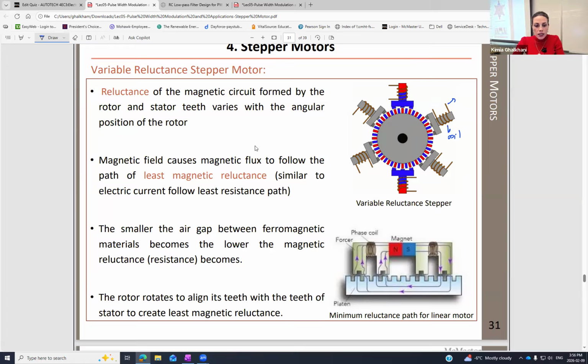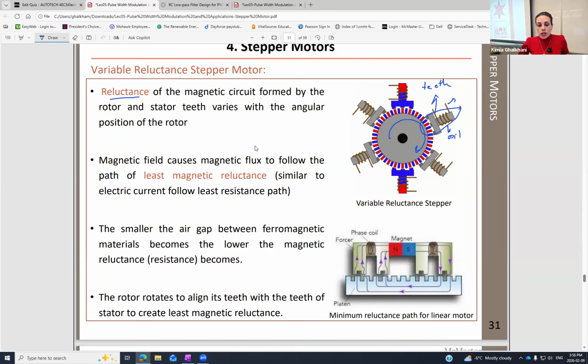And in this magnetic circuit, we have to look at the reluctance, which is happening by rotation of these teeth. I already said we call them teeth. These are my teeth. The number of teeth could be different based on the stepper motor.